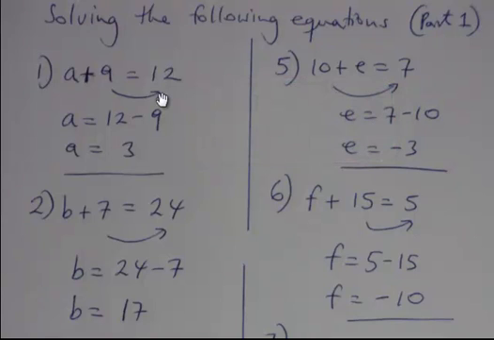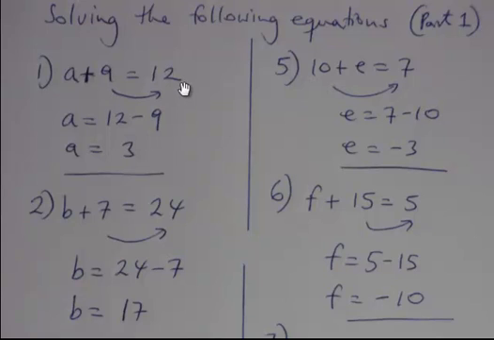Now I'm going to do it in terms of shifting. That's the other way. You have A plus 9 is equals to 12. I'm going to take the 9 and bring it to this side.